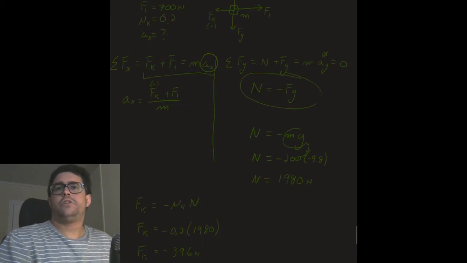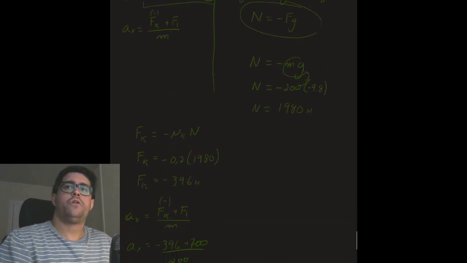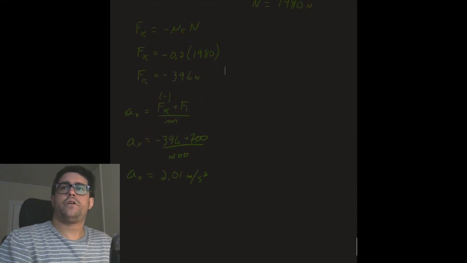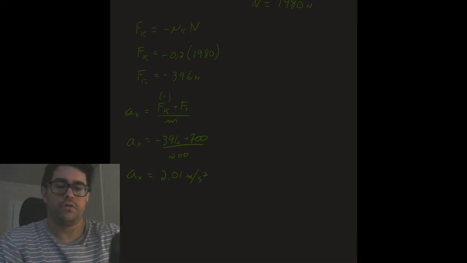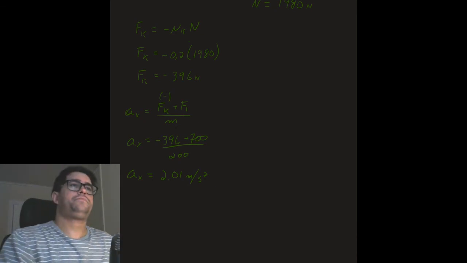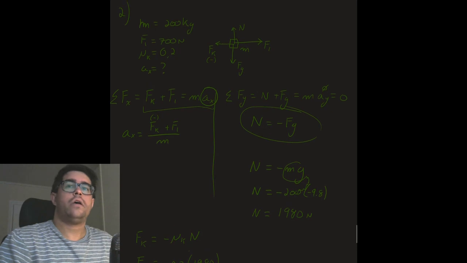No! God, no! Okay, so where did I make a mistake? It'd be here, right? If I want 1.5 here, is this the mistake? When I did 0.2 of 1960? I don't think so. 0.2 times 1960, 392. This is true. Is this 200 times 9.8?